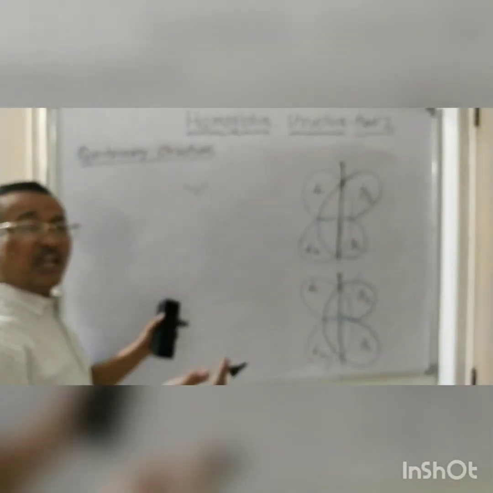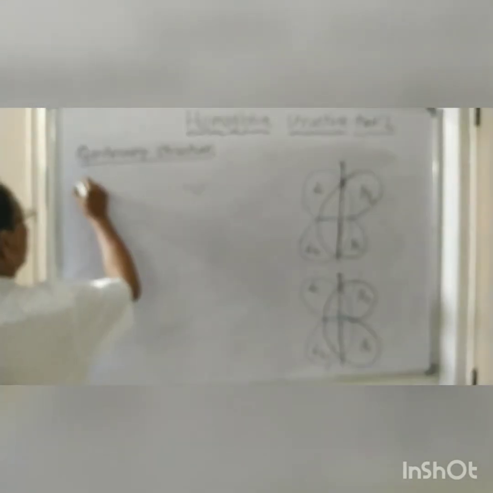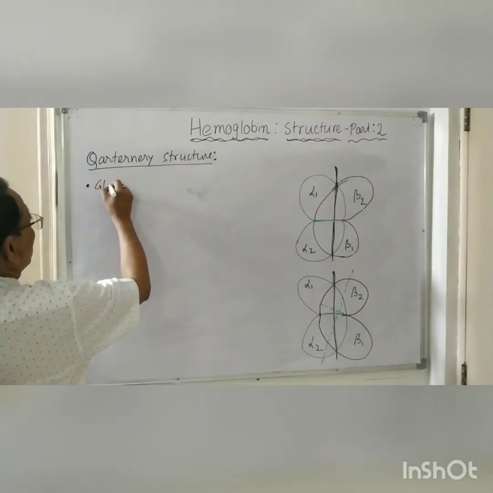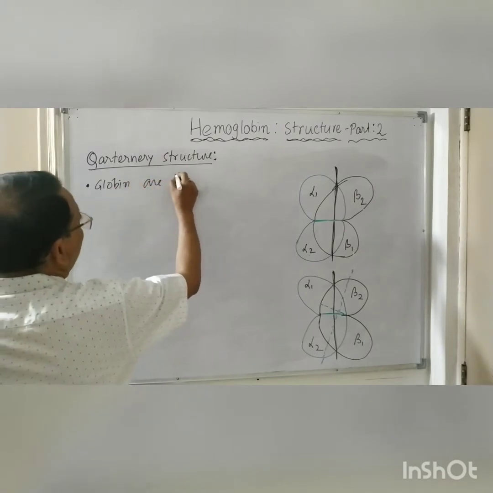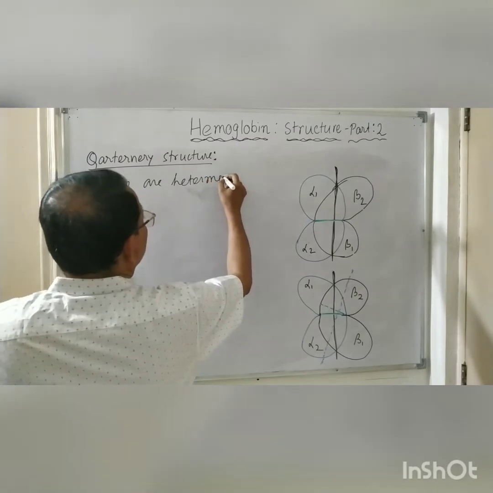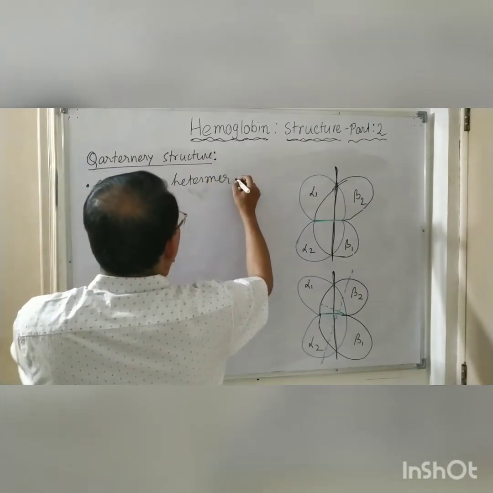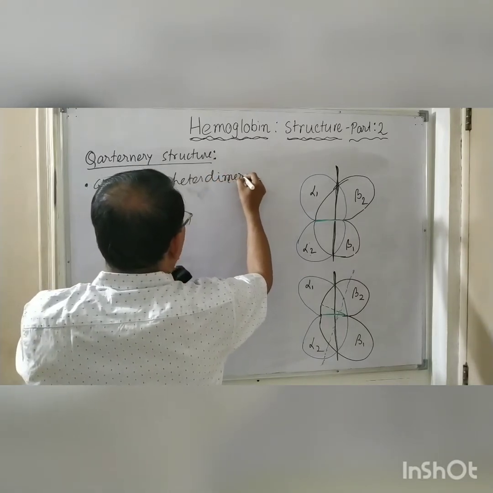So these are not homodimers, rather heterodimers. So globin molecules are heterodimers. As per the quaternary structure, they are heterodimer structures.